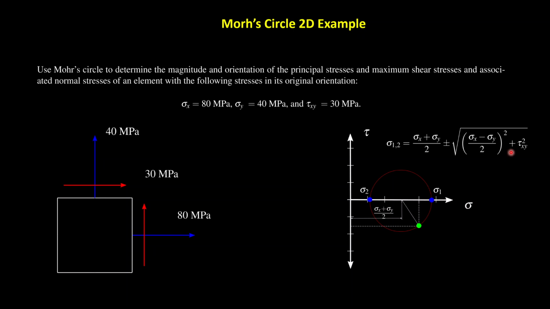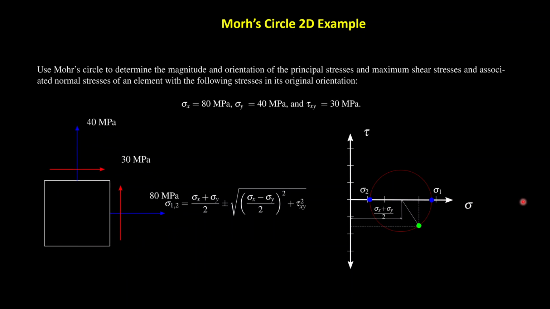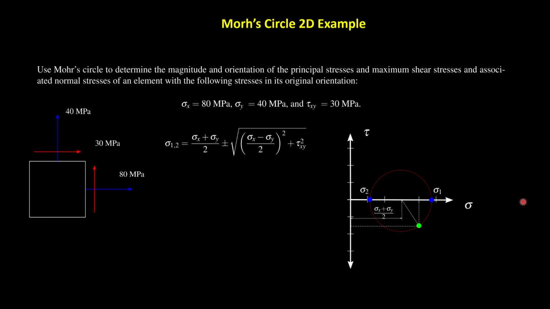Then having this, let's move this away. And okay, let's move it a little bit more. It's better here. Then we have another important term. Wherever the circle reaches its maximum in the vertical direction, it's going to be the maximum shear stress.